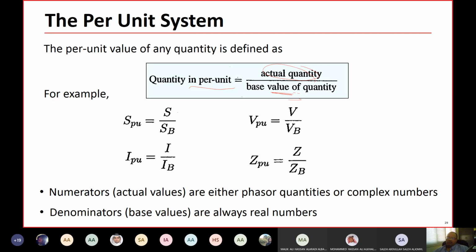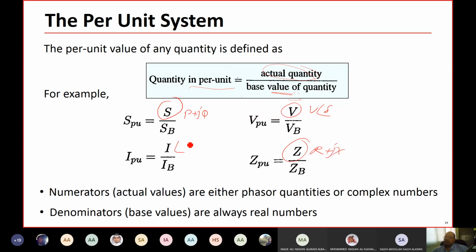Z per unit. Numerators are actual values, which are either phasor quantities or complex numbers. Yani, this is a complex number. This S could be P plus jQ. This voltage has magnitude and angle, V with angle delta. This impedance is R plus jX.